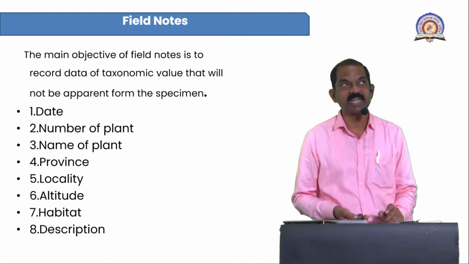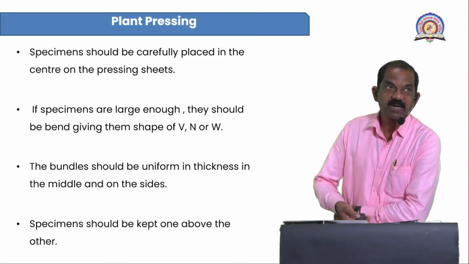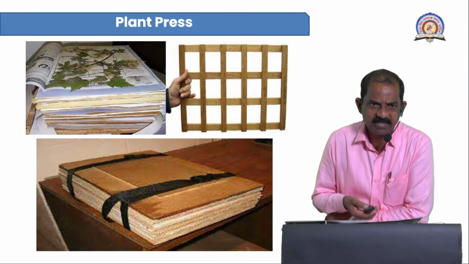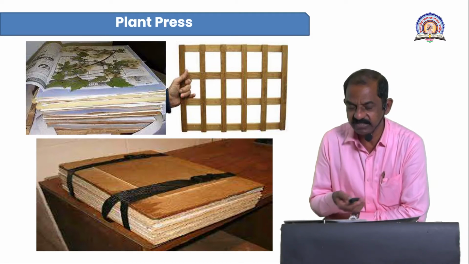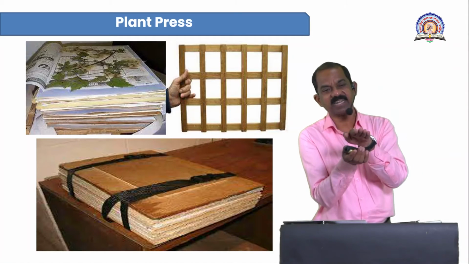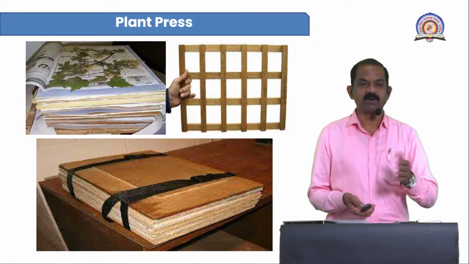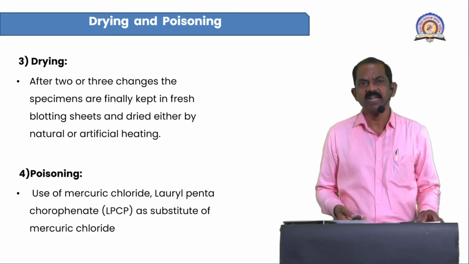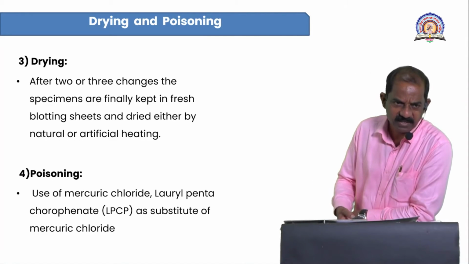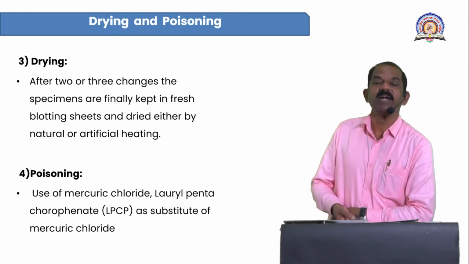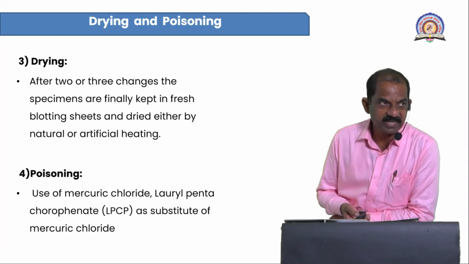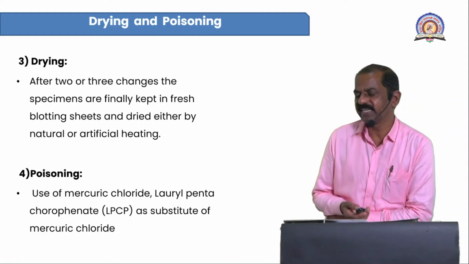Then plant pressing with the help of the plant press, which we have shown already, where we press a number of plants in a single bundle, with two or three changes given. Next is drying, with the help of a hot iron or any natural way. And next to that is the poisoning, which may be done with mercuric chloride, HgCl2.